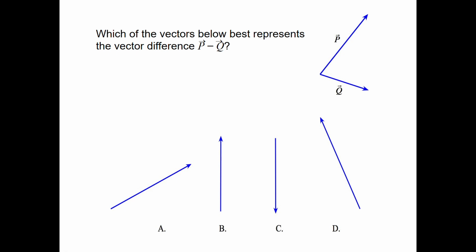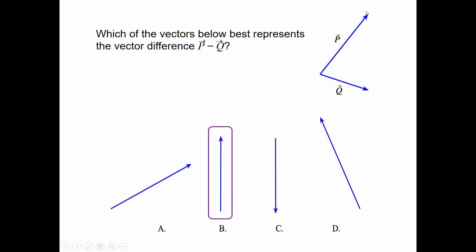All right, same vectors p and q we had before. Now what about the vector difference p minus q? Which of these is the best, most likely correct answer for a picture of p minus q? Okay, the answer is selection B, and that is because the vectors have their tails at the same location, we know the difference between the two vectors starts at one tip and ends at the other tip.